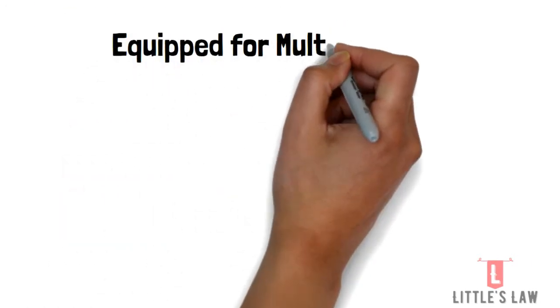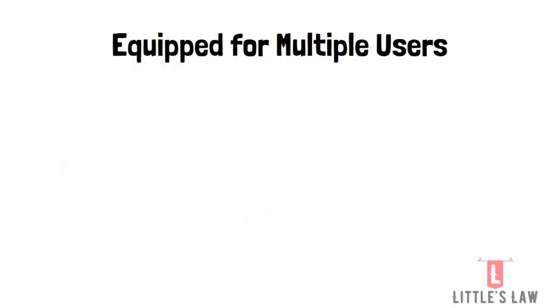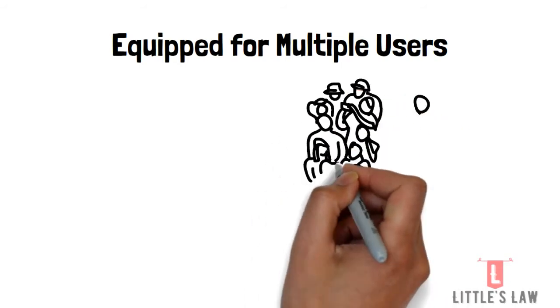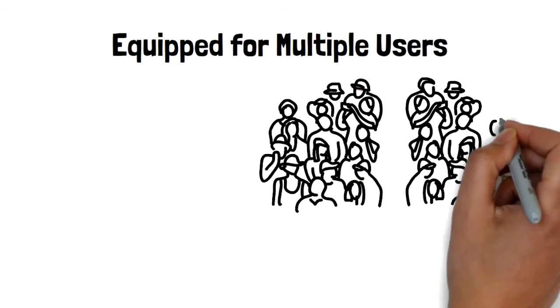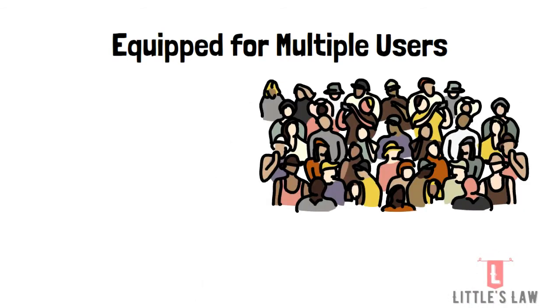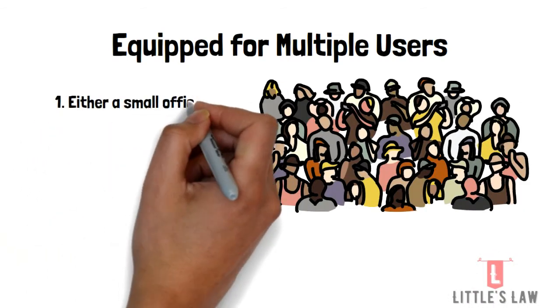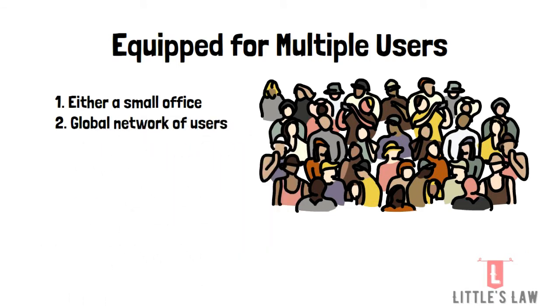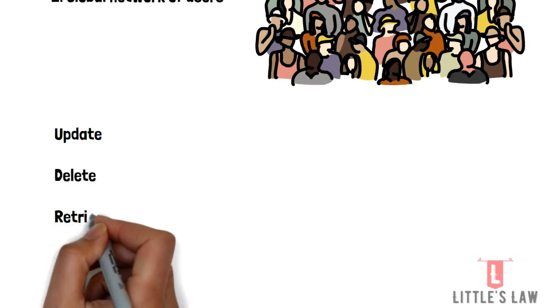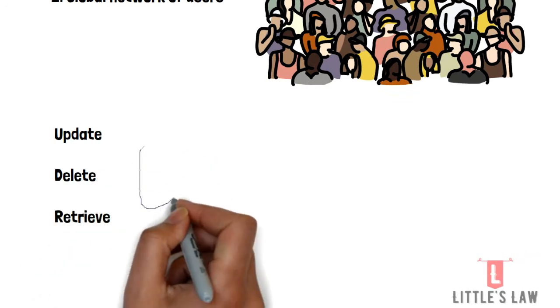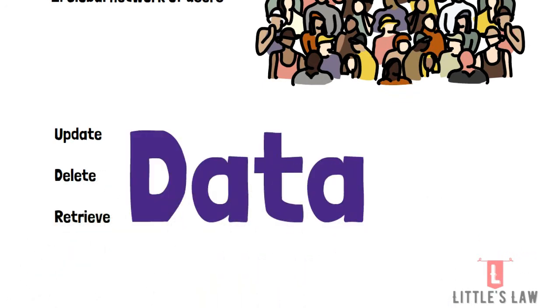The next one is that database servers are equipped for multiple users. A database server could be working for a small office staff or for a global network of individual users. In either case, access for multiple users to the underlying databases, including permissions to update, delete, or retrieve data, are keystone features.